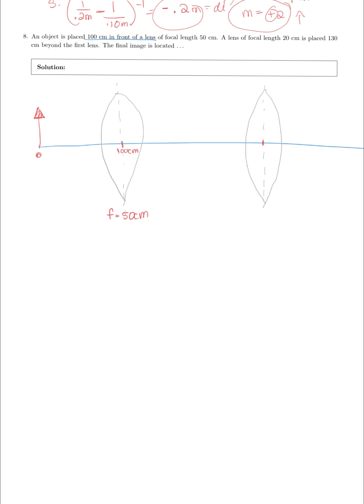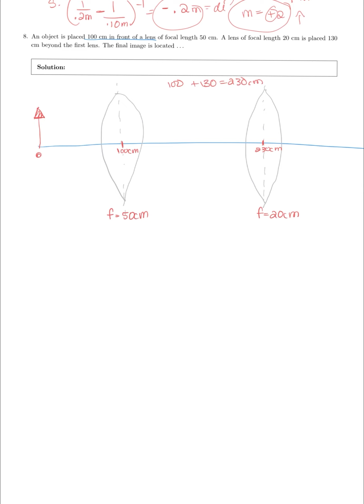That's going to be 100 plus 130, which is going to be 230. So he's going to be at 230 centimeters. And he has a focal length of 20 centimeters. Now we want to know where the final image is located.